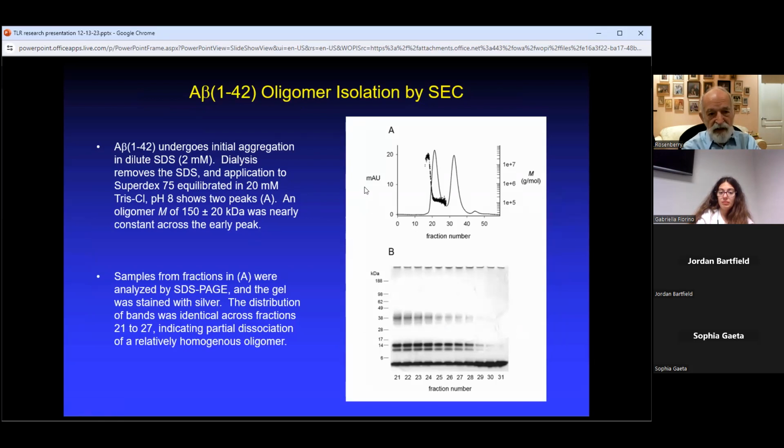Then we dialyze out the SDS and apply them to an SEC column, size exclusion chromatography column, that is called Superdex 75. And we run the chromatogram. It separates peaks by size, with the larger materials coming out first and the smaller material coming out second, as you see in panel A here.